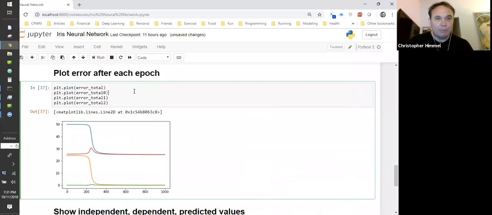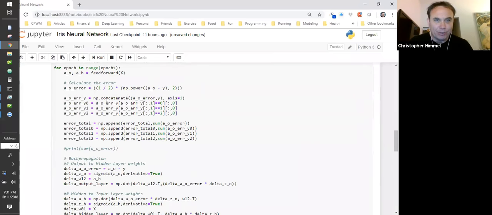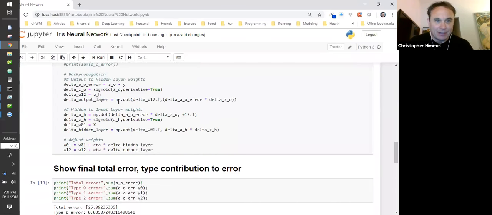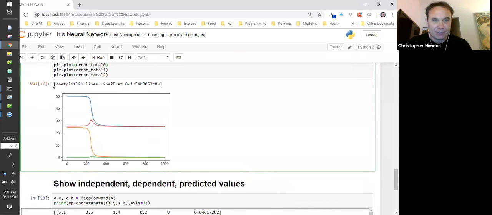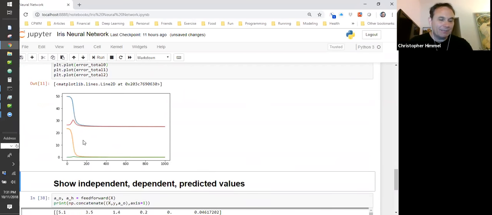So what I did during my training is put together these vectors that are the error over time, over all 1,000 times of training. So this is what the error looks like. It's different than what we saw before because this time it randomized differently and happened to train much quicker.